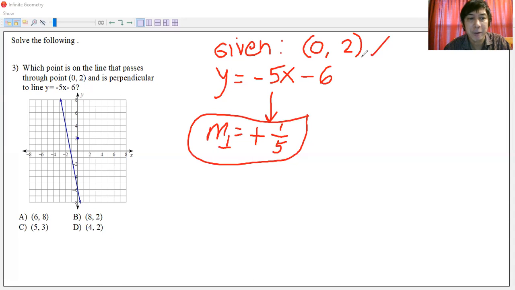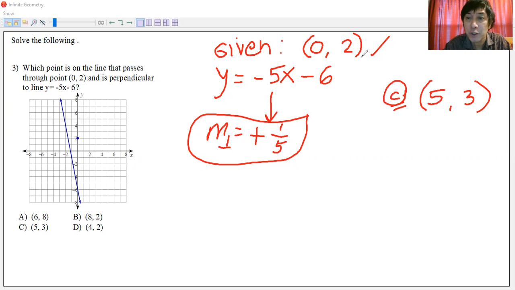Okay. So let's say, for example, we're going to try our answer a while ago, which is 5, 3. And this goes to letter C. That's our answer.